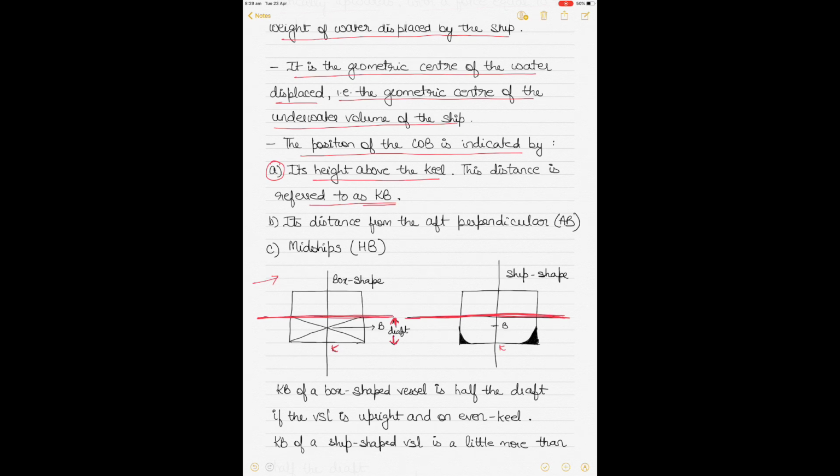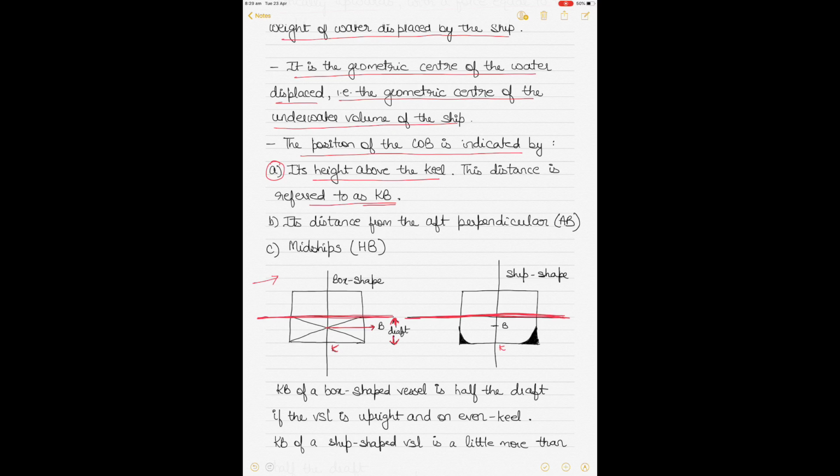And because the part under the water level is the submerged part, that becomes the underwater volume of the ship. The geometric center of the underwater volume is where you put B, the center of buoyancy. That's how you denote the center of buoyancy. And this I'm talking about is the box shaped vessel. I'll talk about the ship shaped vessel very soon.